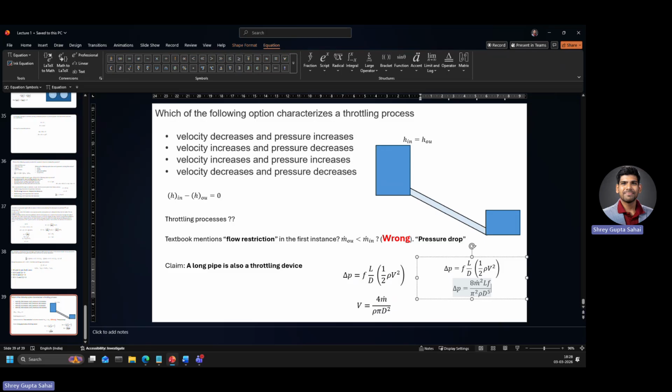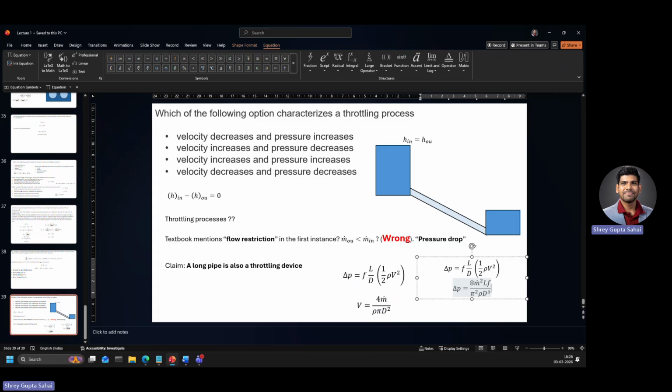Across a pipe, the pressure drop depends on the square of the flow rate. Here you can see, for a given pressure drop, you have a given flow rate, right?